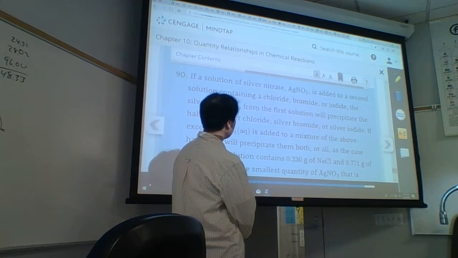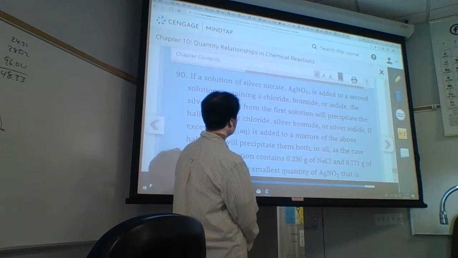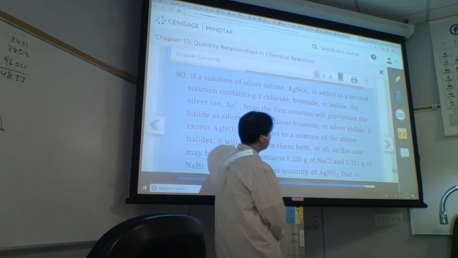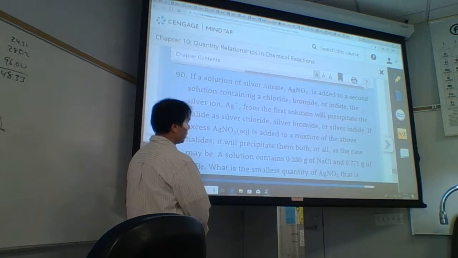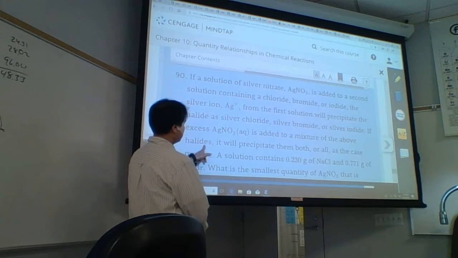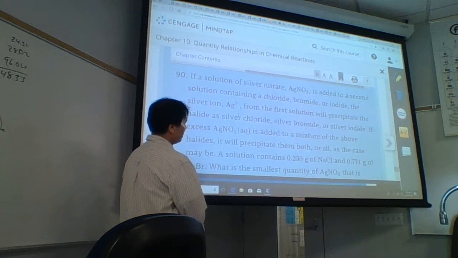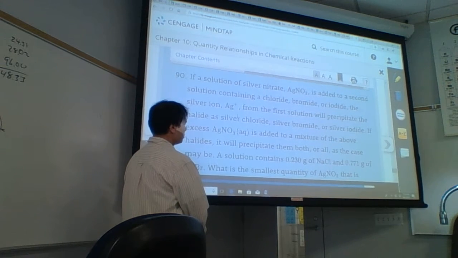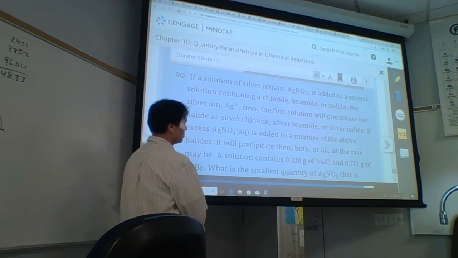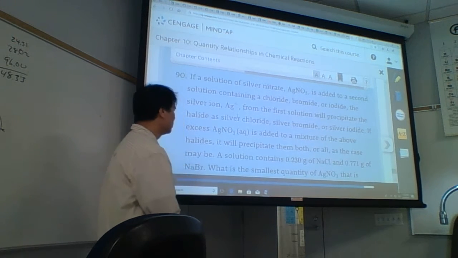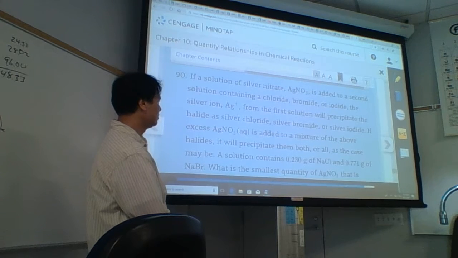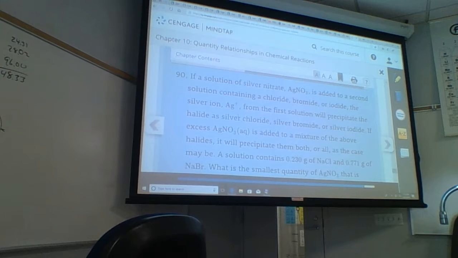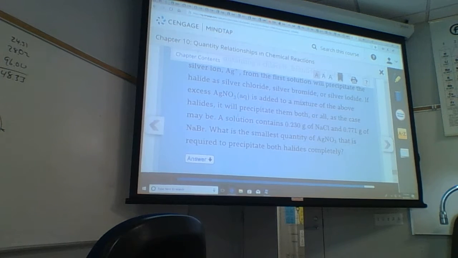If excess silver nitrate is added to a mixture of the above halides, chlorine, bromine, and iodine are called the halogens, and the ions chloride, bromide, iodide are called the halides, it will precipitate all of them, as the case may be. The solution contains 0.230 grams of sodium chloride and 0.771 grams of sodium bromide. What is the smallest quantity of silver nitrate required to precipitate both halides completely?